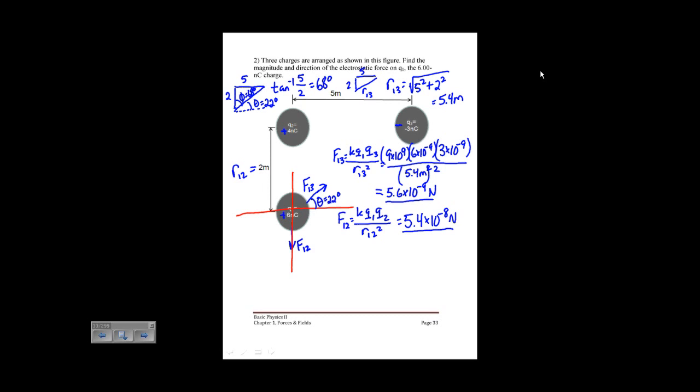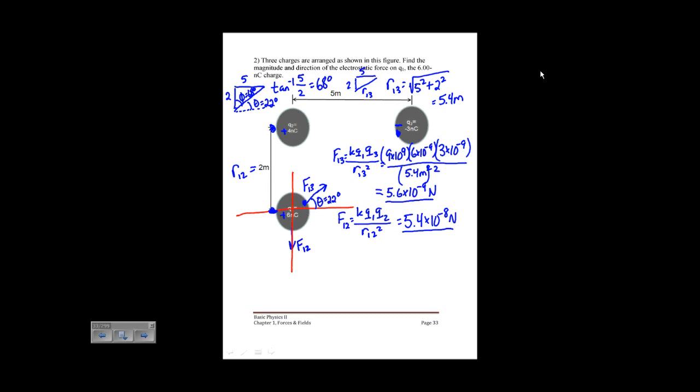And that comes about because of a couple of things. One, that Q2 is a little bit bigger than Q3, but more importantly, it comes about because the distance between Q1, that is, between this particle and this particle, is a lot smaller. Well, not a lot, but almost a factor of 3 smaller than the distance between this particle and this particle.